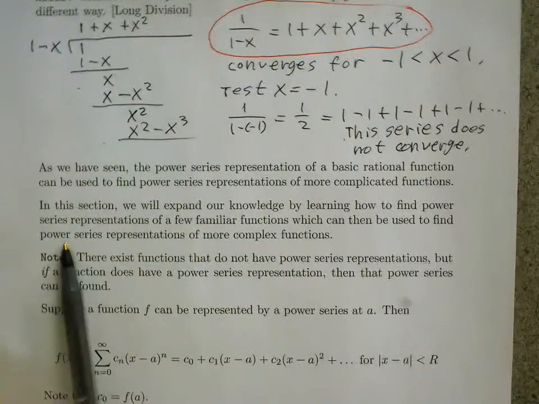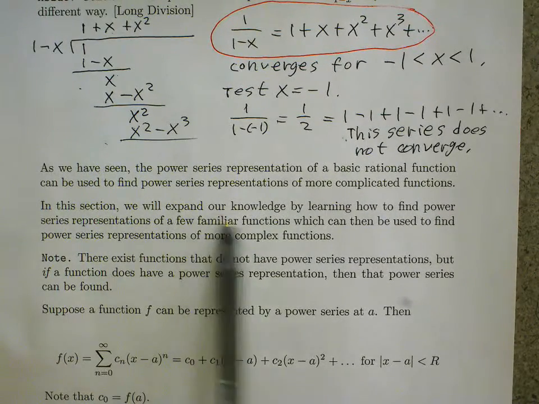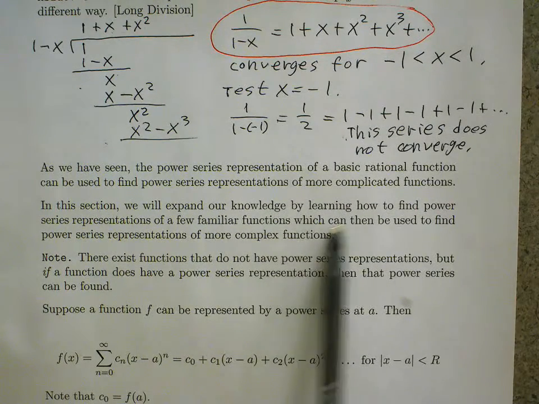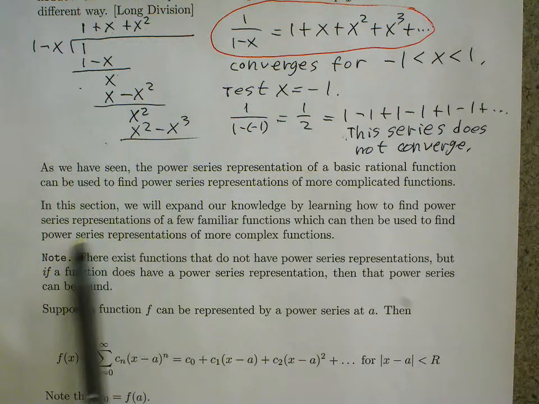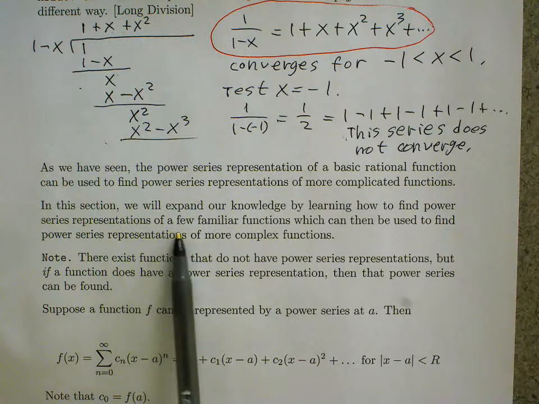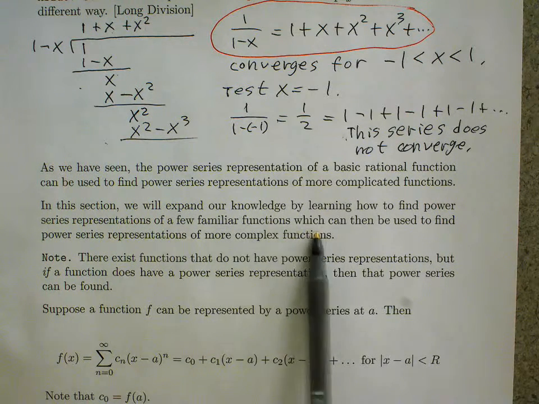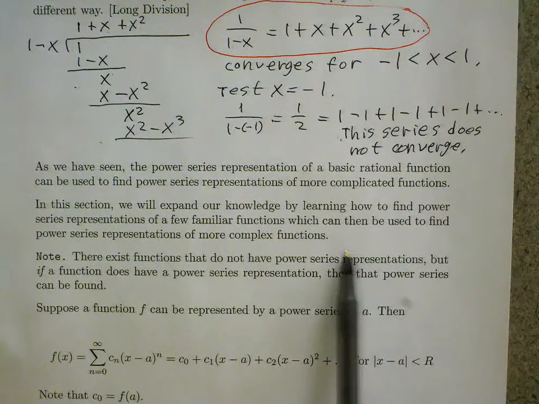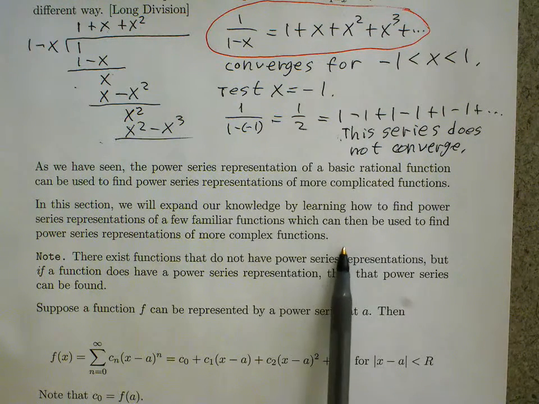In this section, we will expand our knowledge by learning how to find power series representations of a few familiar functions, which can then be used to find power series representations of more complex functions.